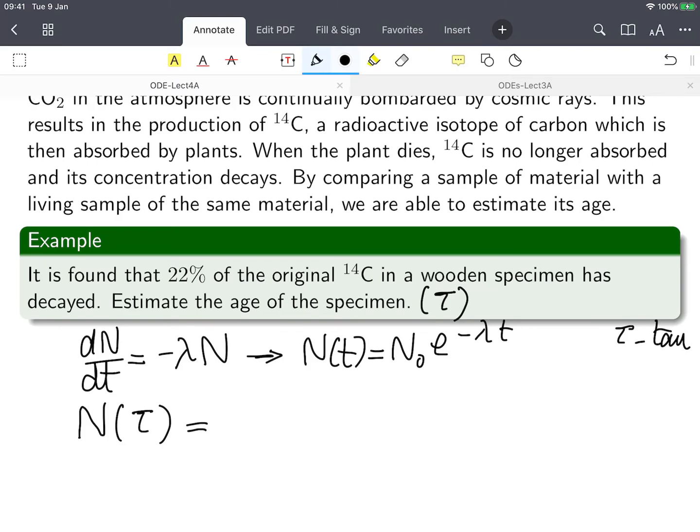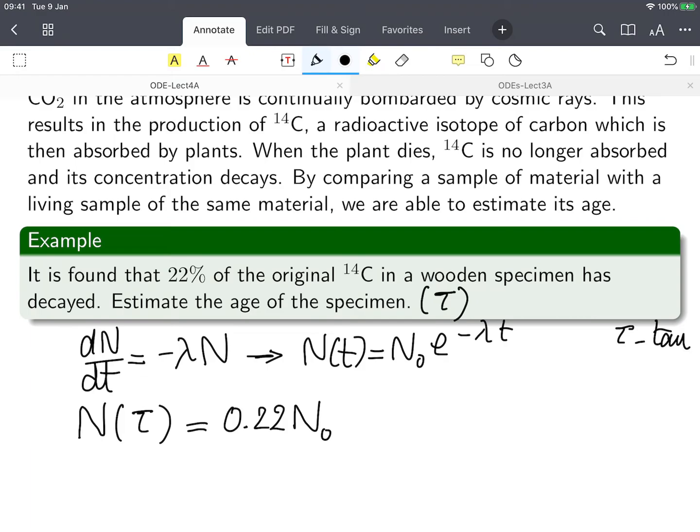So I'm going to estimate N of tau. I know that it's 22% of N0. Am I right? No, I'm wrong. What's the mistake I made?